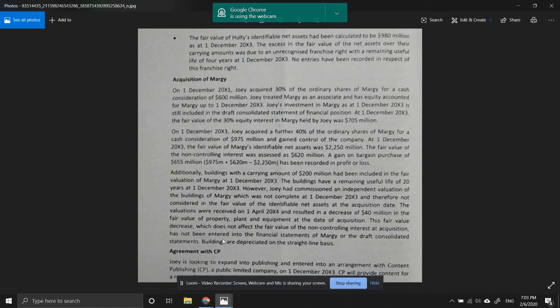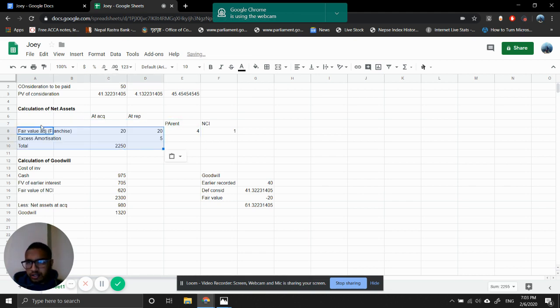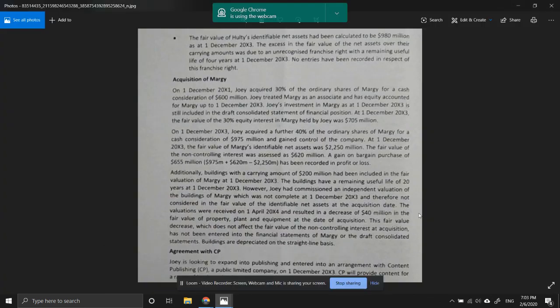Buildings are depreciated on a straight line basis. Okay, so its value has decreased. Good. Let me move this a bit down, then let's look at it properly. So it has gone down by 60, right? Isn't that what the question says?